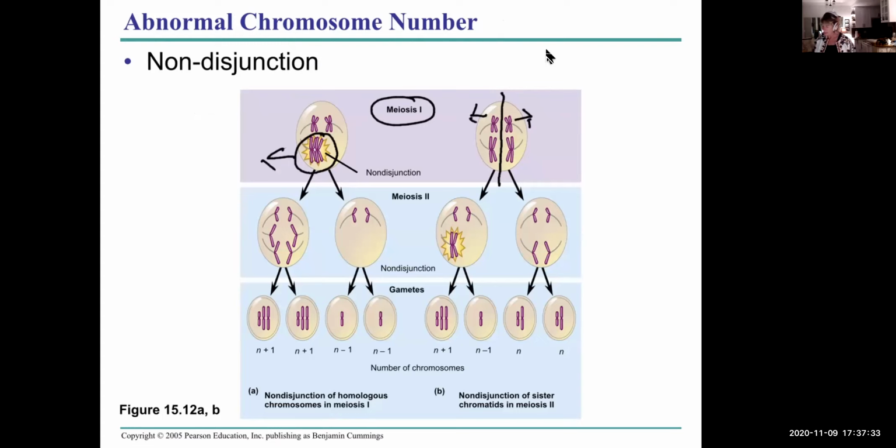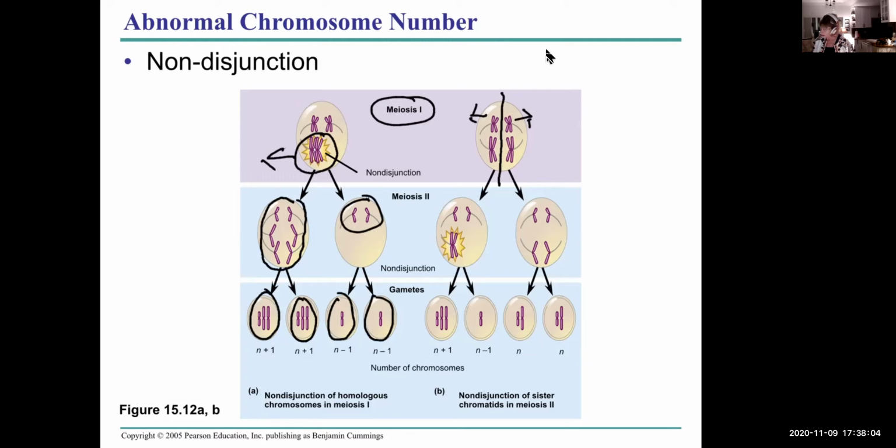And so you end up with these cells, once they've gone through meiosis 1, having 6 chromosomes. This one only has 2. Then you end up with gametes. In this case, they have 3, but the other ones just have 1. So that is nondisjunction in meiosis 1. You can also have nondisjunction in meiosis 2.